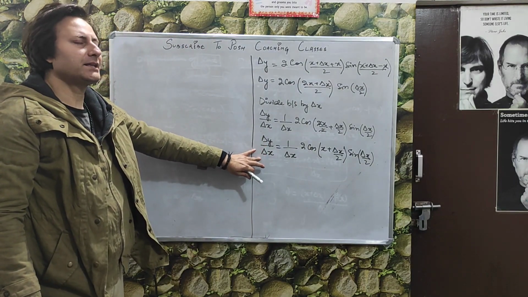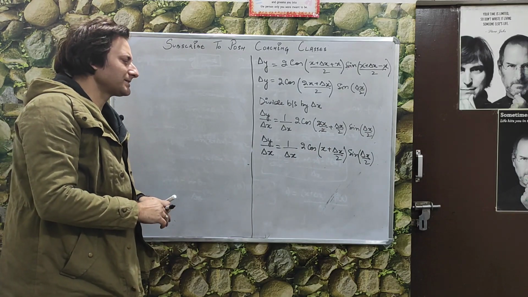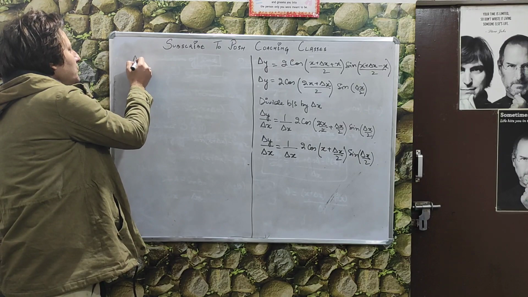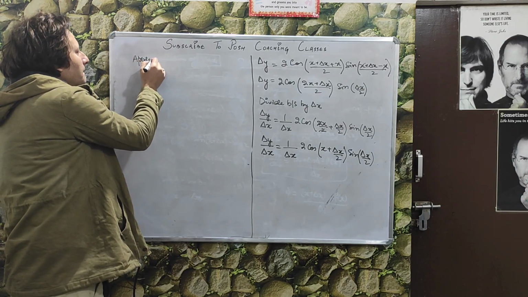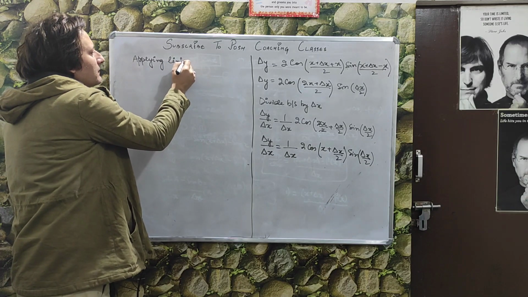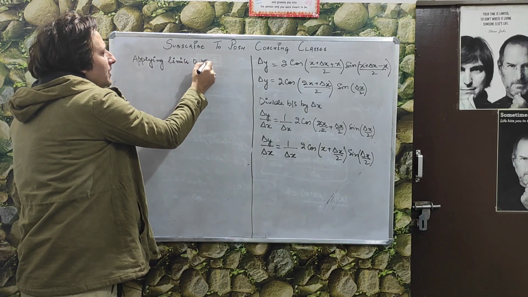It's delta y upon delta x. If we remember our previous question, what was the next thing? It was the limits. So I am applying limits to both sides.